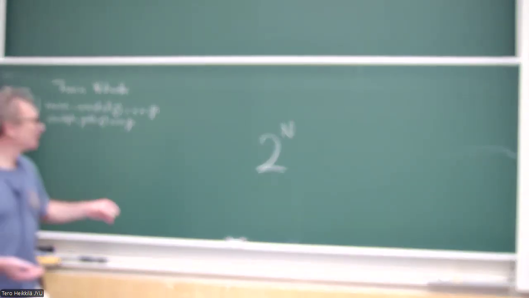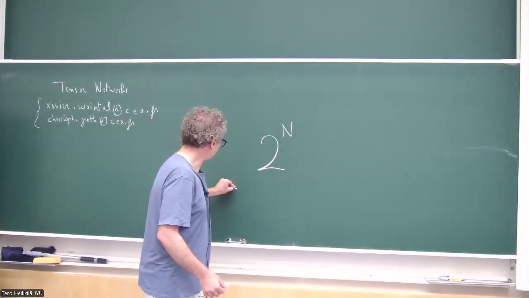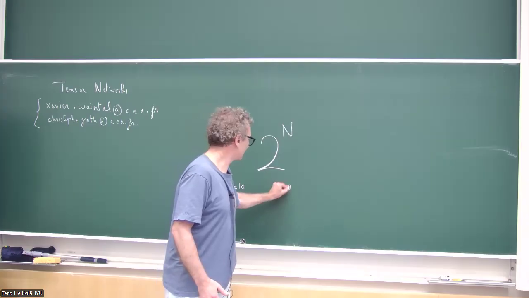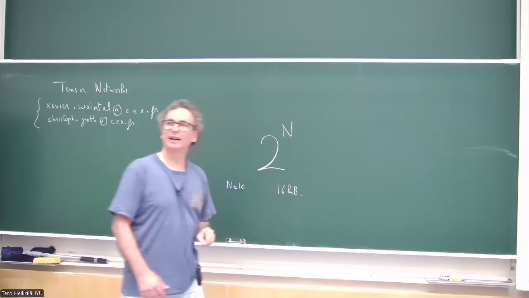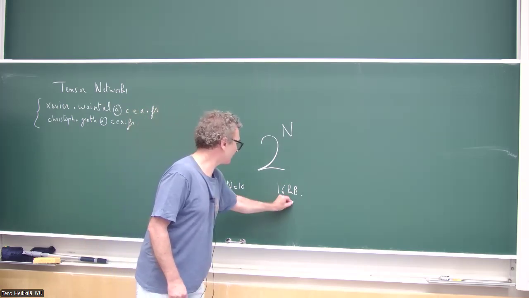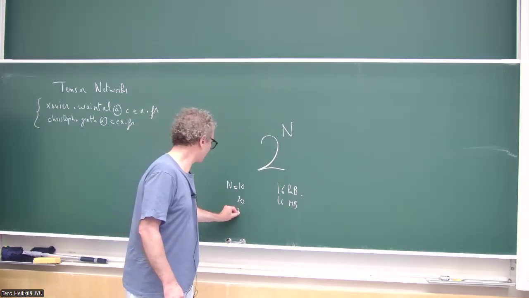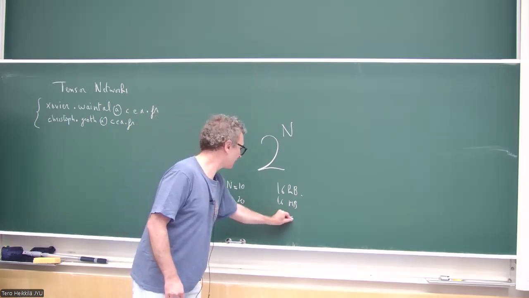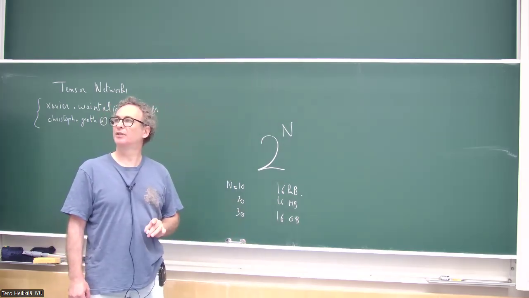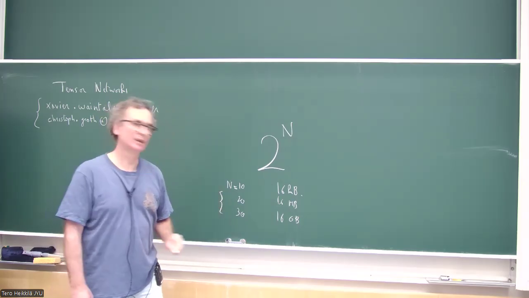I mean, essentially, you just put numbers like n equals 10, that's 16 kilobytes. Even I had that when I was a kid. 20 is a megabyte. Still easy. 30 is 16 gigabytes. So that's pretty much what you have on your laptop if it's recent enough. So on the laptop, you can do something between 20 and 30.